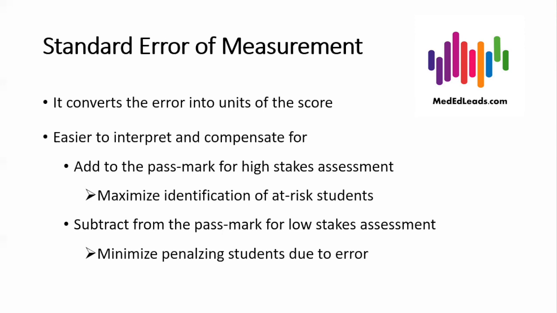We don't want to make errors to disadvantage the society. So we add that error into the passing score. So the passing score becomes 55. The passing criteria becomes more stringent, ensuring that no students pass based on the error in the score.